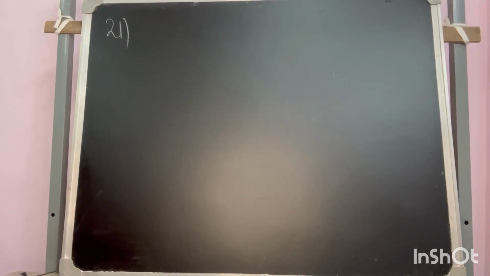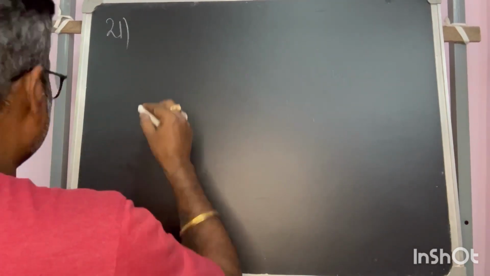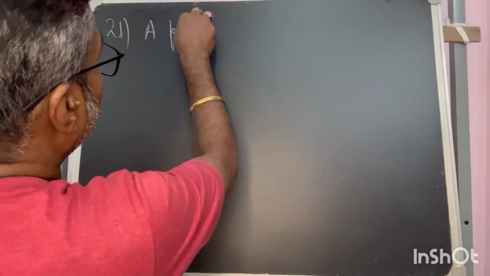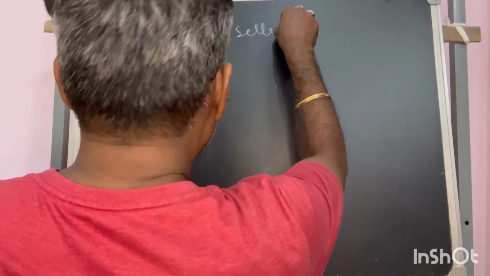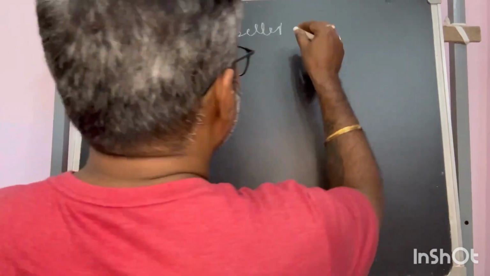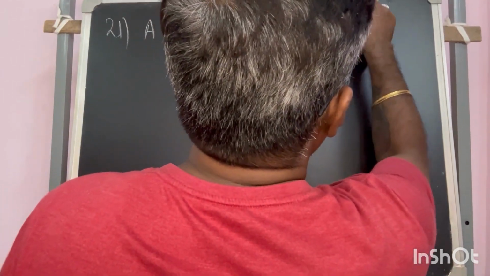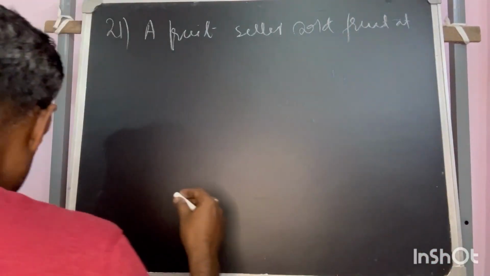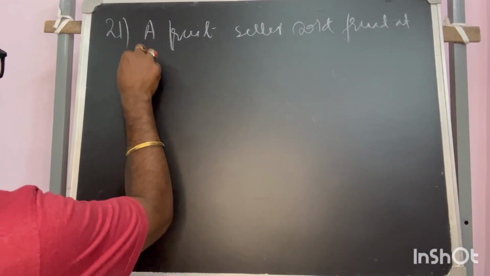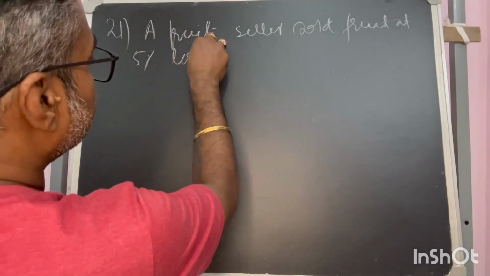21 says a fruit seller sold fruit at 5% loss.